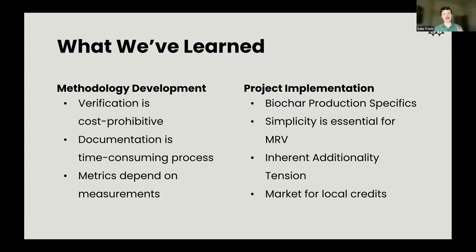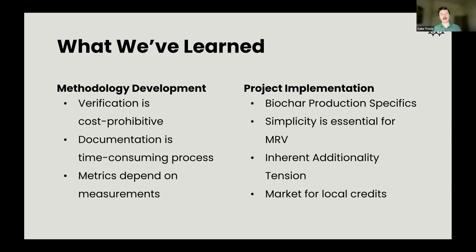But to jump into the methodology side of things, the big thing that we learned is just that verification is very cost prohibitive. What I mean by that is, at the scale that we were operating at, at the beginning we were shooting for 150 tons of CO2 equivalent sequestered, so roughly 150 credits.